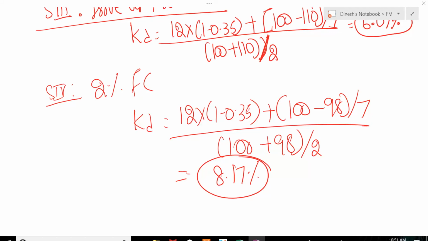Clear? Can we proceed? Any doubts on 8.17%? Clear?